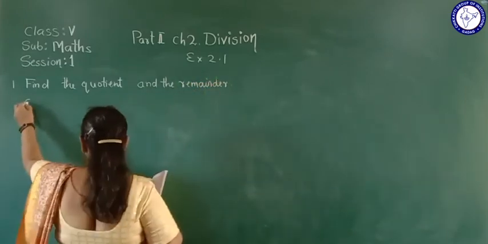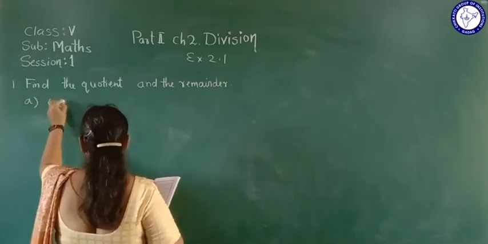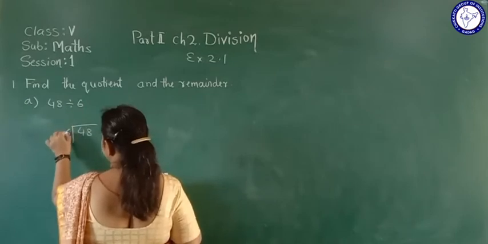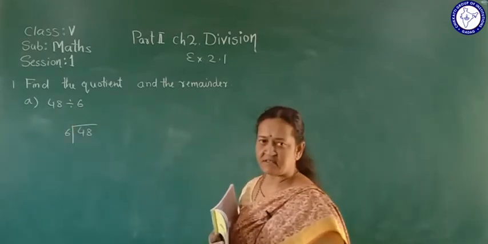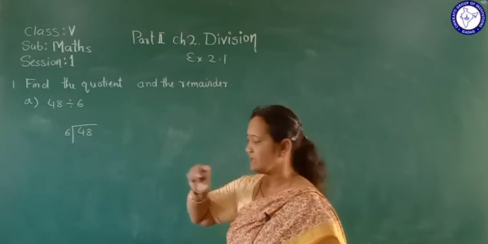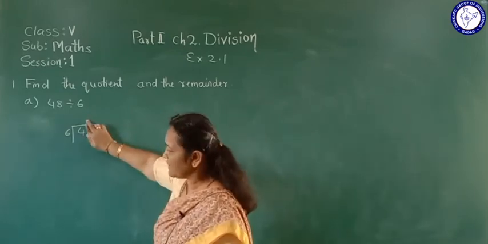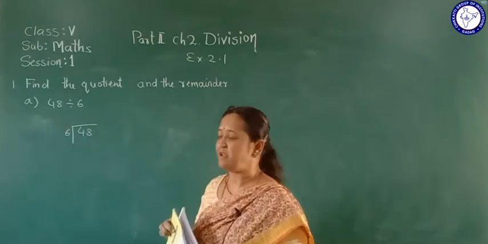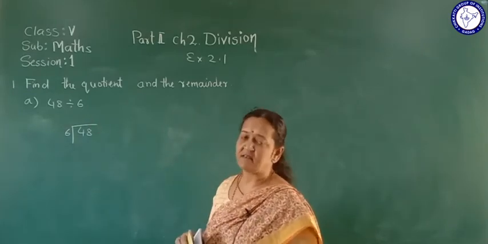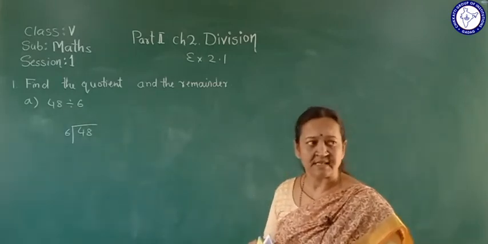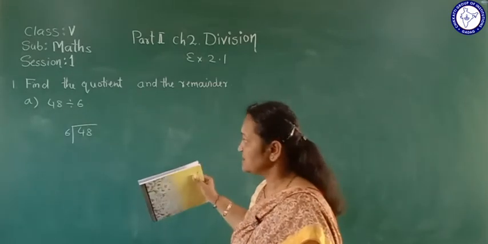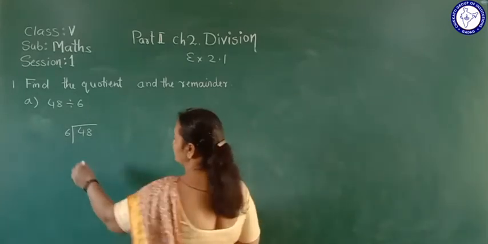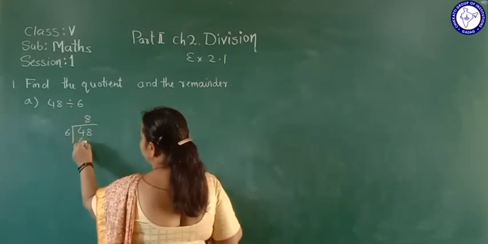Here the first question is 48 divided by 6. In the 6 table, check here, 6 is a single digit. If you divide 4 by 6, it is not possible. So we take 2 digits, 48. Now in the 6 table, where do we find 48? 6 1 is 6, 6 2 is 12, 6 3 is 18, 6 4 is 24, 6 5 is 30, 6 6 is 36, 6 7 is 42, and 6 8 is 48.